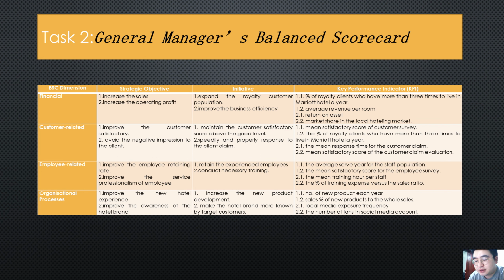One is to maintain the customer satisfaction score above the good level, by which we have two KPIs: the mean satisfaction score of the customer survey, and the percentage of loyal clients who stay more than 3 times a year at Marriott Hotel.